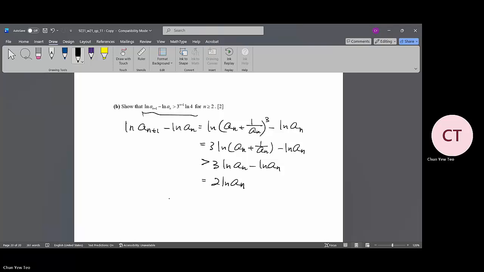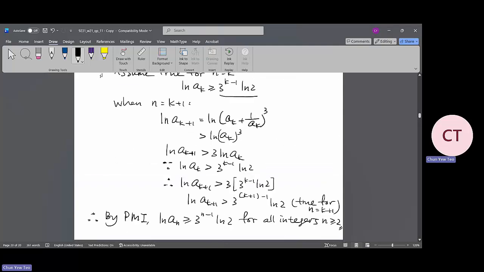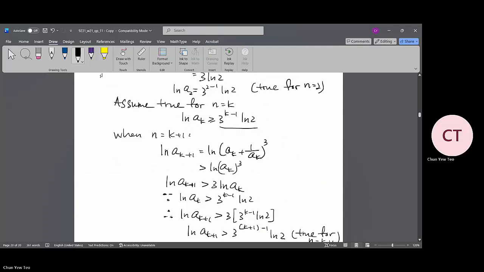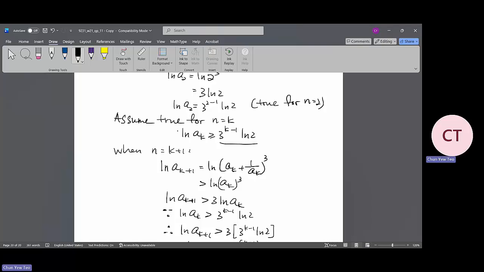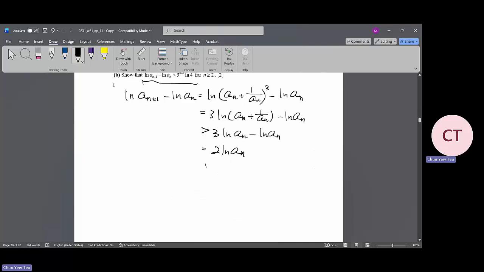Okay, so for ln a_n, just now we know that, changing the k to n, ln a_n is greater or equal to 3 to the power n minus 1 ln 2. This one is from the part A result.